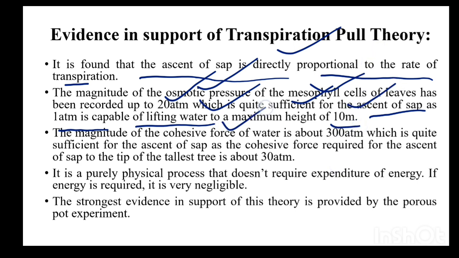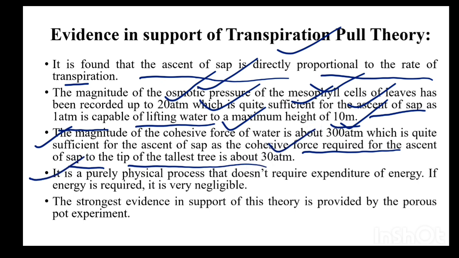The magnitude of cohesive force of water is about 300 atmospheric pressure, which is quite sufficient for ascent of sap, as the cohesive force required for ascent of sap to the tip of the tallest tree is 30 atmospheric pressure.